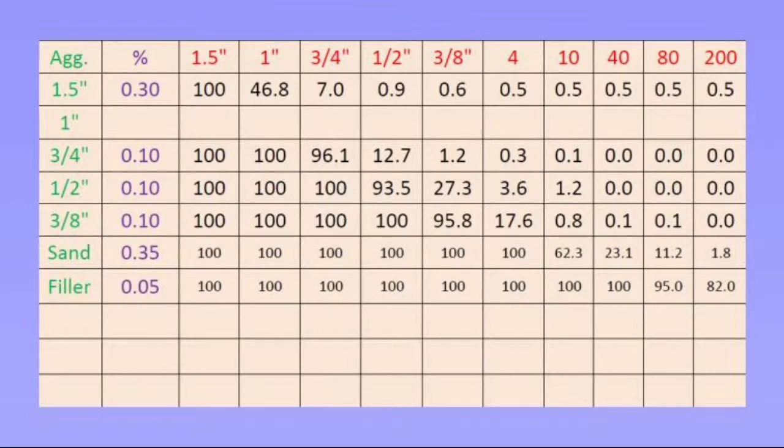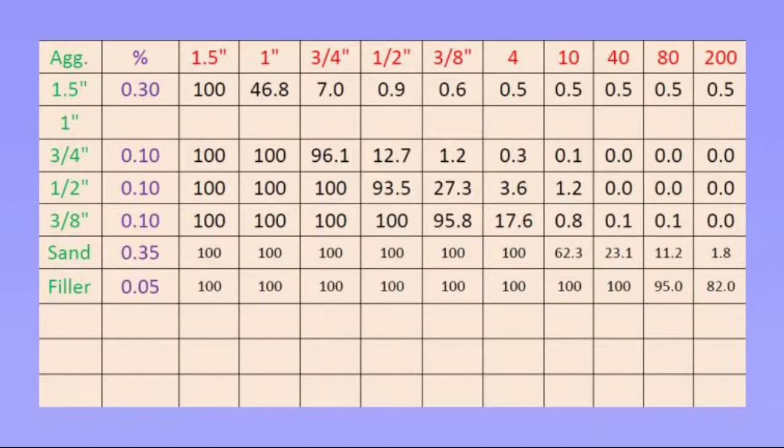Similarly, for all other aggregates, 3/4 inch is multiplied by 0.10 because it is required 10%. And for half inch, all passing percentages will be multiplied by 0.10 because half inch aggregate is also required as 10%.